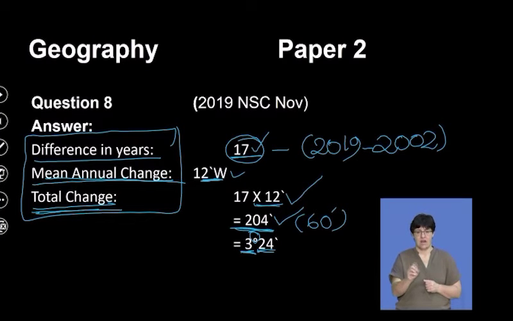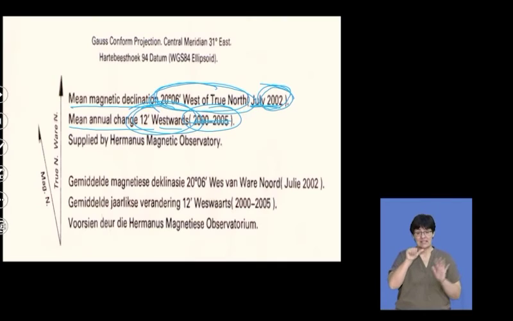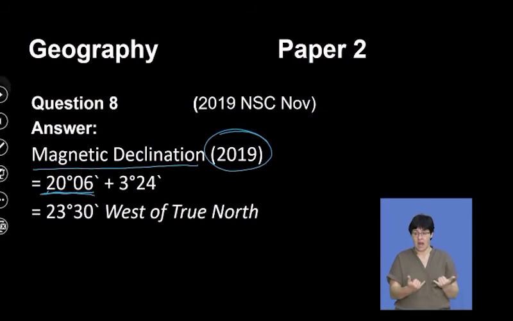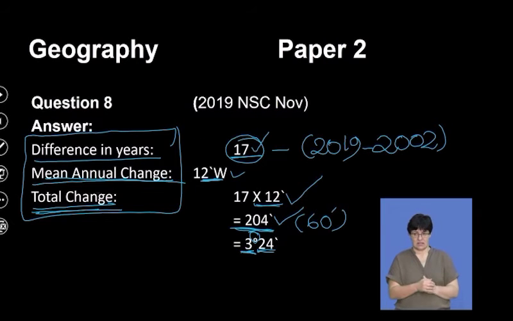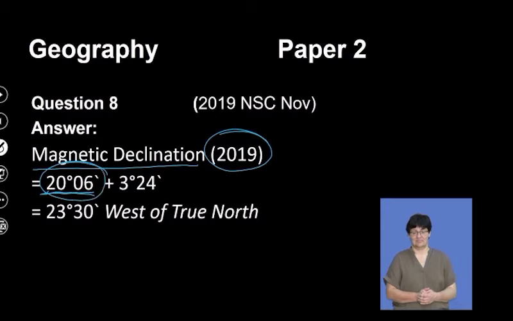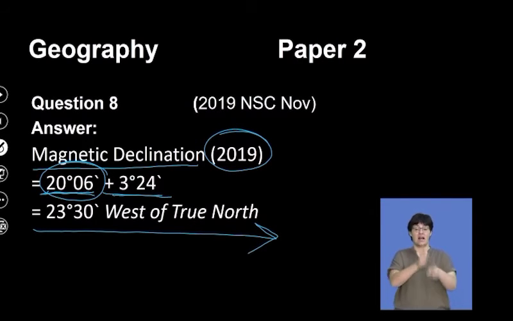So remember, your 20°06' is given as marginal information on the map. Now we move on to the calculation. 20°06', that's our mean magnetic declination, plus our total change, which we have calculated to 3 degrees and 24 minutes. And my final answer, 23 degrees, 30 minutes with my unit of measurement, west of true north.